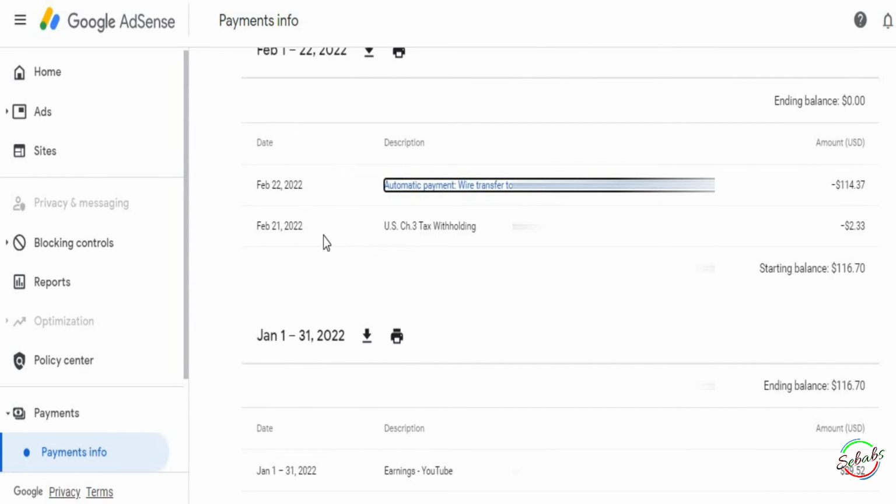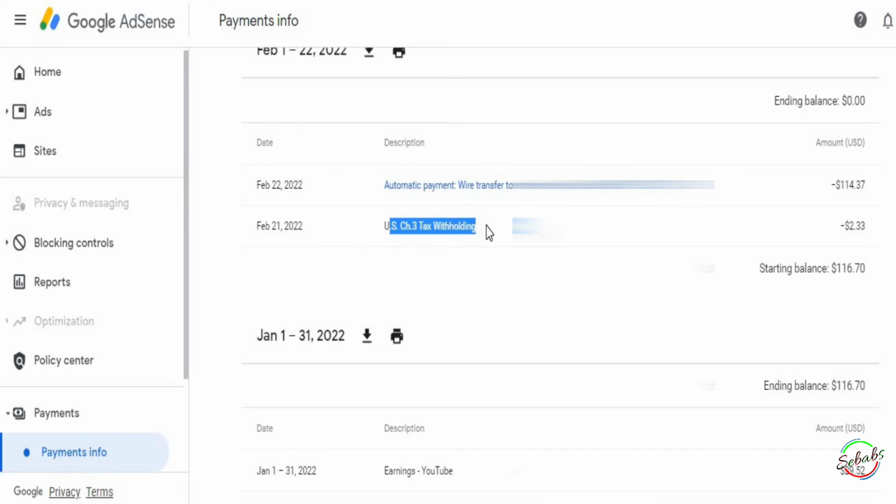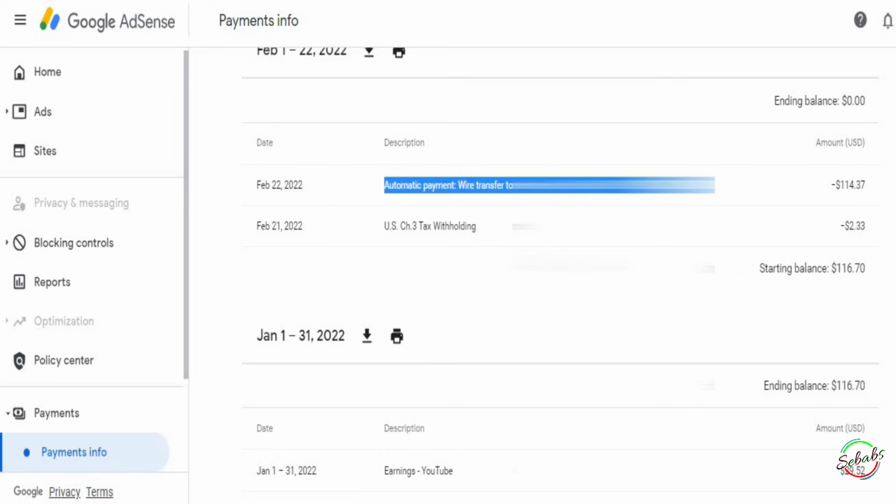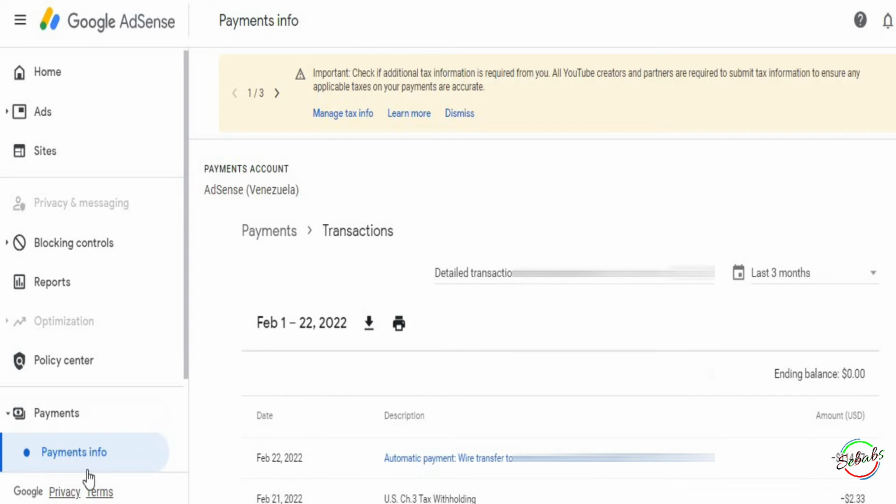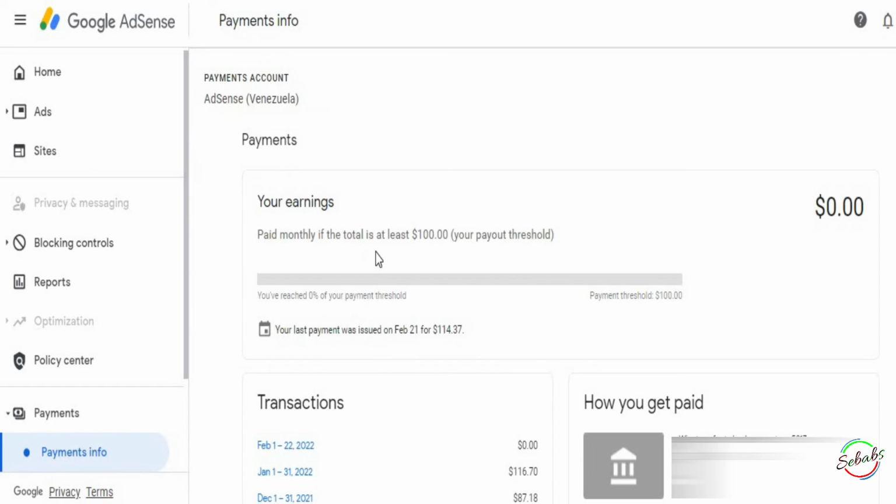Before, on the 21st, which was yesterday, I had the tax withholding and the automatic payment was pending. That was yesterday. Today is the 22nd. If we go back to payments, paid monthly, I'm back to 0. Your last payment was issued on February 21. The information that I had before was pending. Don't worry when you see that message. It's generally because it is a weekend where Google AdSense is located.